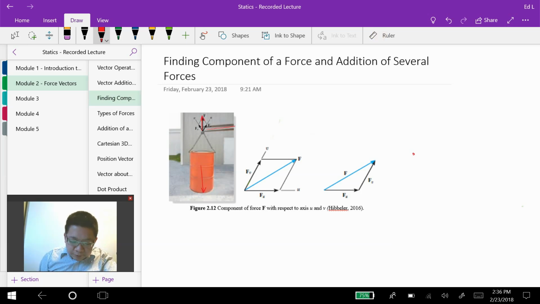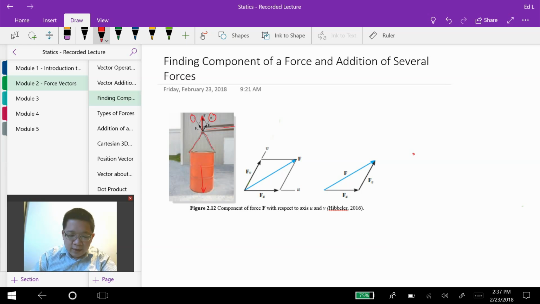There are also cables connecting the container to the beam over here. If you would like to find the components of these forces with respect to axes u and v, which are passing through the axis of the cable, we can use the parallelogram law or triangle rule to calculate those components.